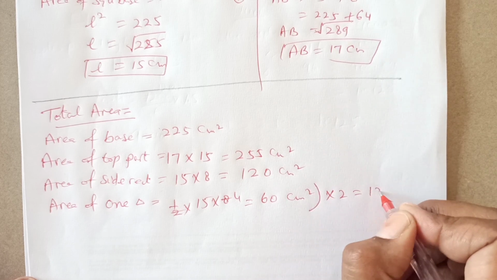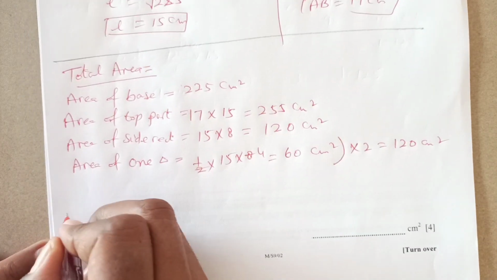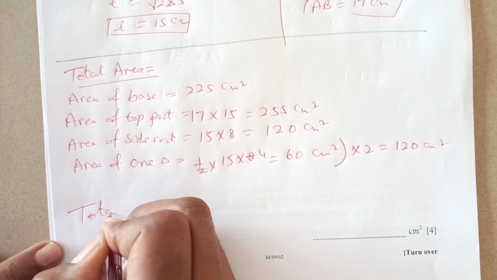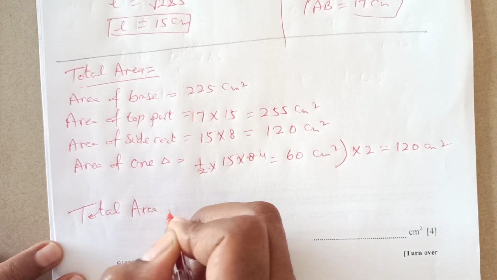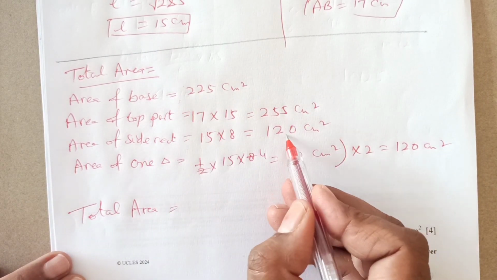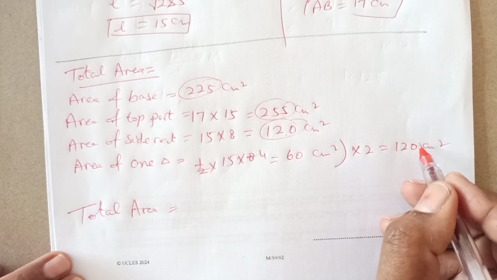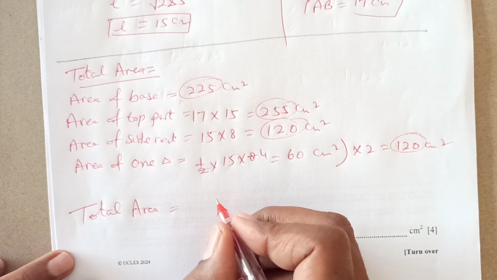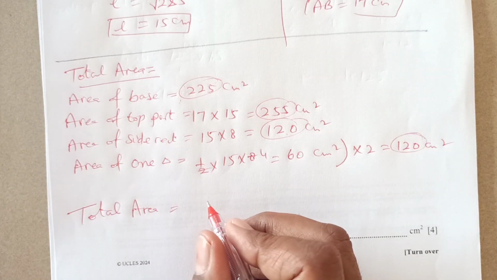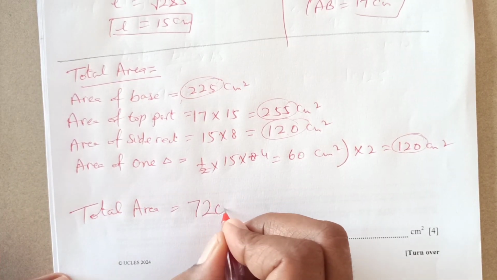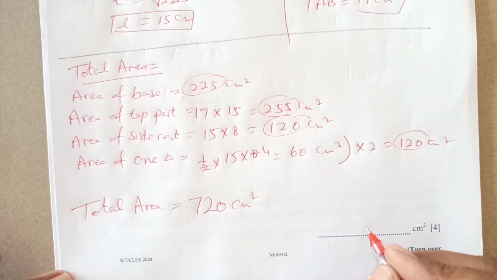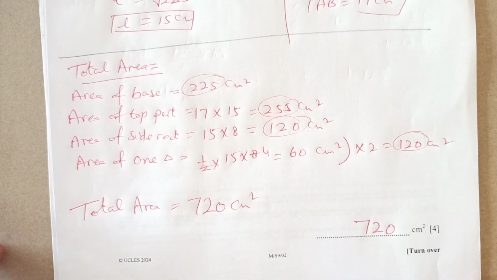For two triangles it is 120 centimeter square. Now for the total area, you are going to add all of them: 225, 255, 120, this one, this and this. Once you add these, I have already calculated it for you, guys. This is 720 centimeter square, right? 720.